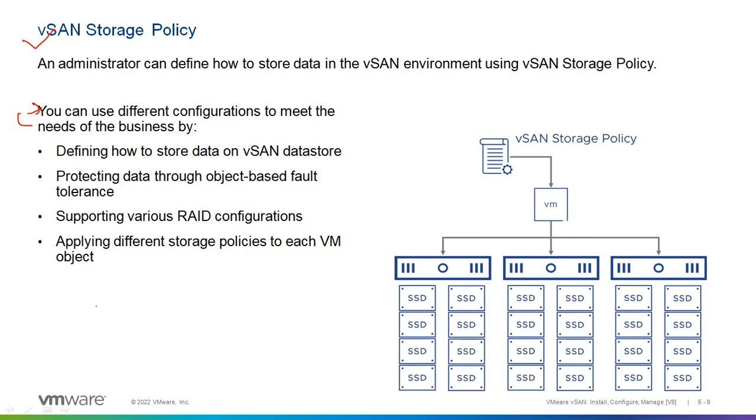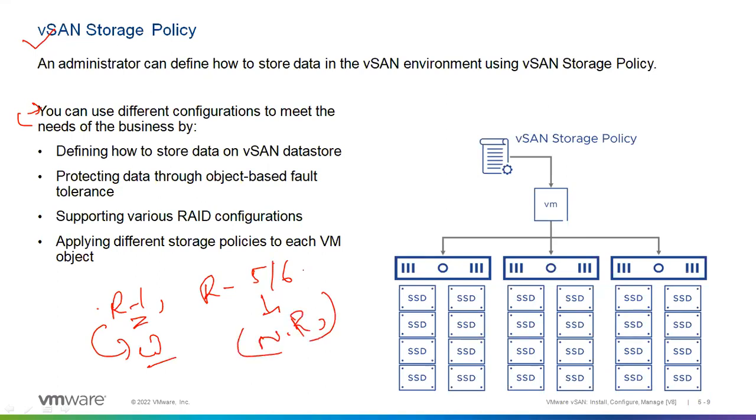Simply, at a high level: with RAID 1, witness is mandatory, with any kind of policy we apply. With RAID 5 and 6, witness is not required, because they create their own parity, which behaves just like a witness.